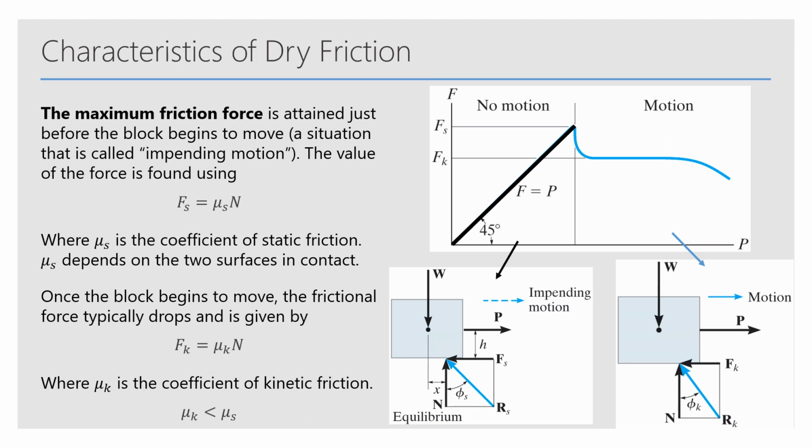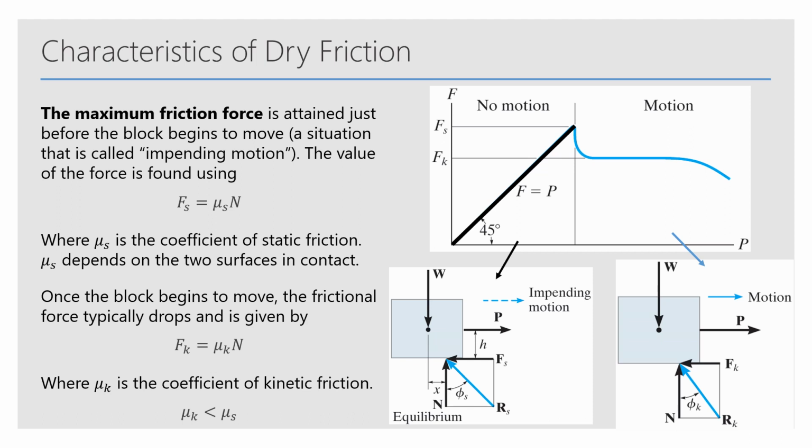But as the push keeps increasing, there's a certain point where the static friction, which is the friction that prevents the box from moving, reaches its maximum. Once the amount of push you're putting on it overwhelms the static force that's keeping the box from moving, you start moving the box, and then the kinetic friction is what's acting on the box. It's important to know that kinetic friction is normally less than the static friction.